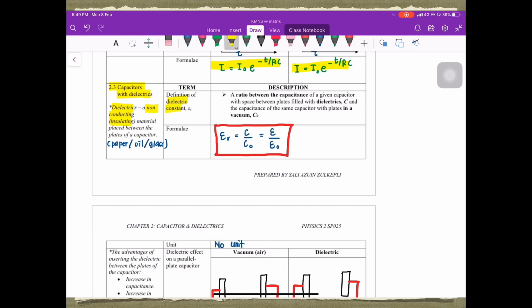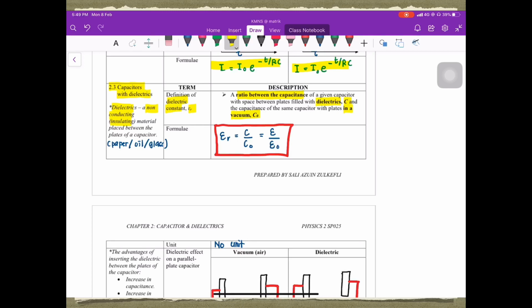Now, proceed to the definition of dielectric constant. The symbol is epsilon R. Epsilon R is the ratio between the capacitance of a given capacitor with plates filled with dielectric, C, and the capacitance of the same capacitor with plates in vacuum, C0.